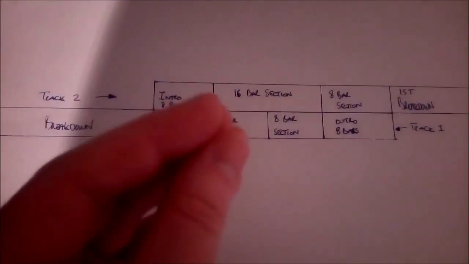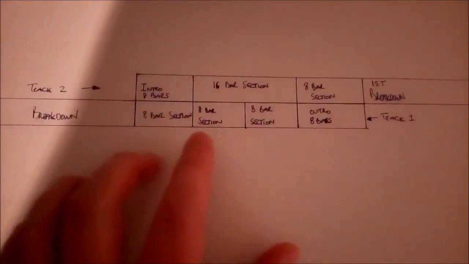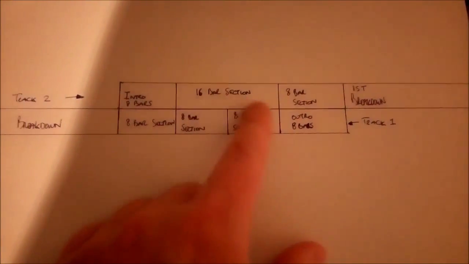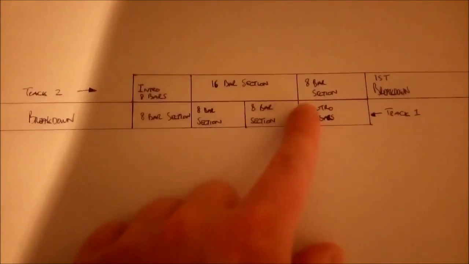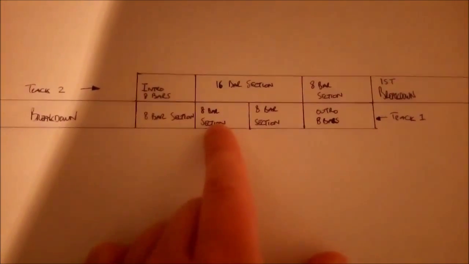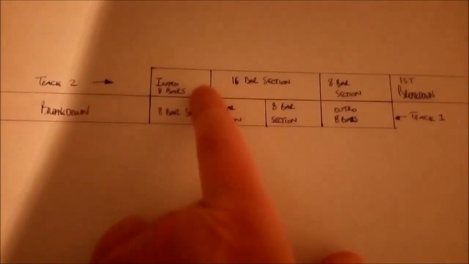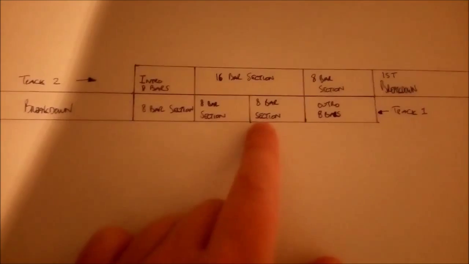Now, obviously the phrases themselves change together, so everything flows correctly. I've included here on this track a 16-bar section as opposed to an 8-bar, and I've said before that two 8-bar sections will fit inside one 16-bar section.